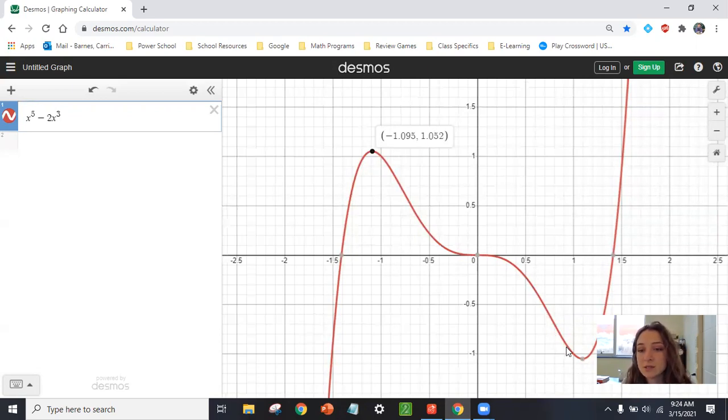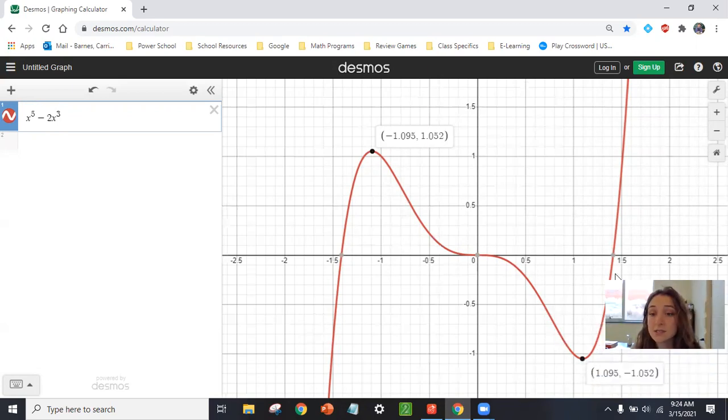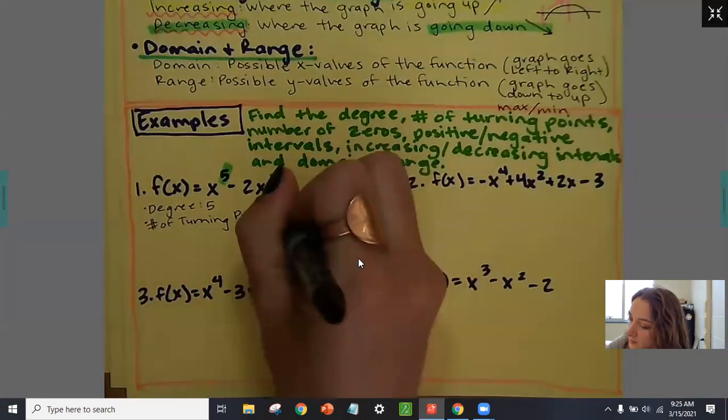But this one here is going decreasing to increasing, so this is another turning point, a minimum point. So there are actually only 2 turning points, but if these were pulled down a little bit more, you would have 4 turning points. In this case, we only have 2 turning points, 1, 2. So this one has 2 turning points.